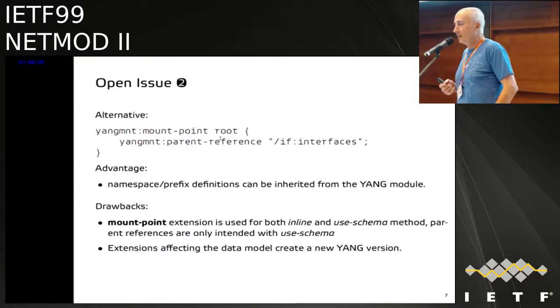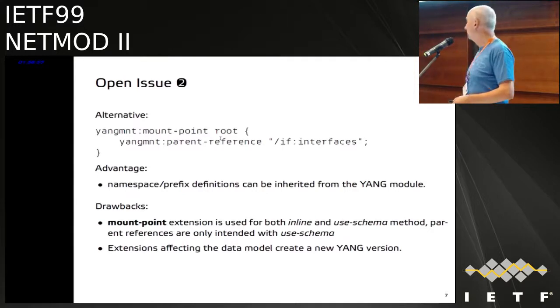So the proposal here is to stick to the current solution and define the parent references inside the use schema list as state data as it is now, and avoid introducing any new Yang extensions for this. Any comments? If not, then basically I think that I'm done. It would be good to see if anyone has opinions on the second issue.